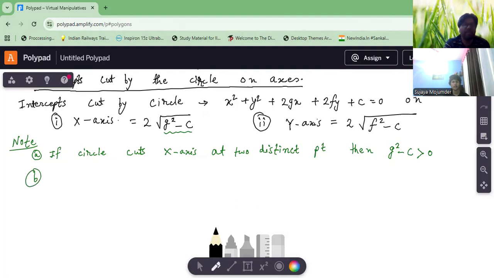In the same manner, if a circle cuts the y-axis at 2 distinct points, then f squared minus c must be greater than 0.